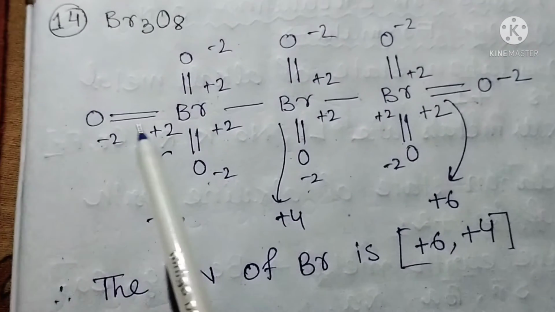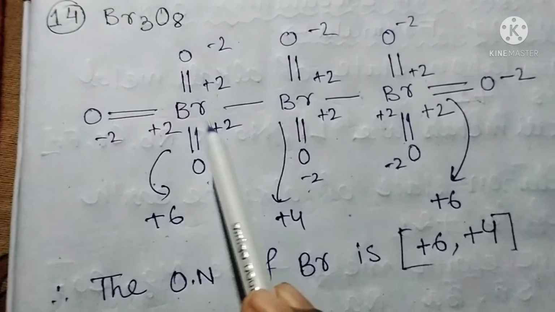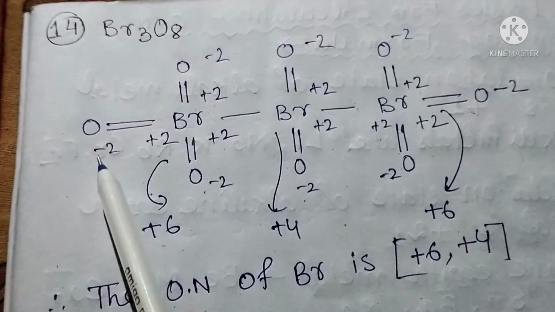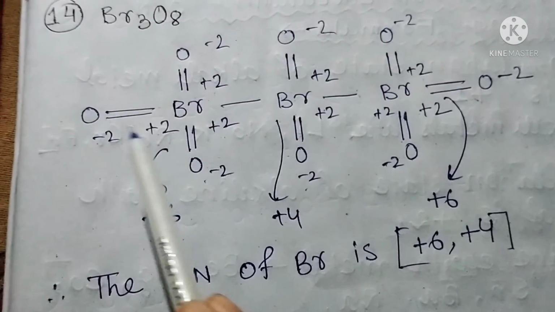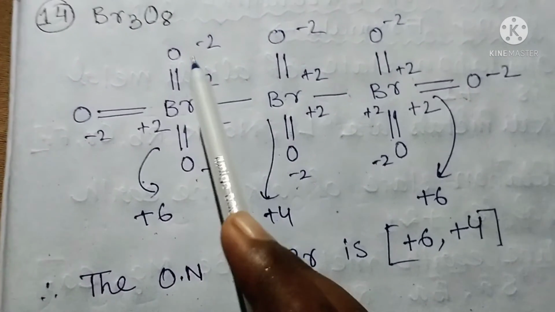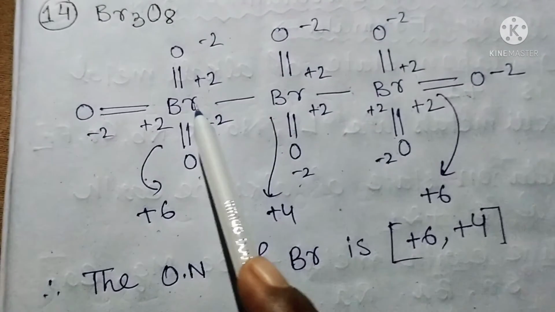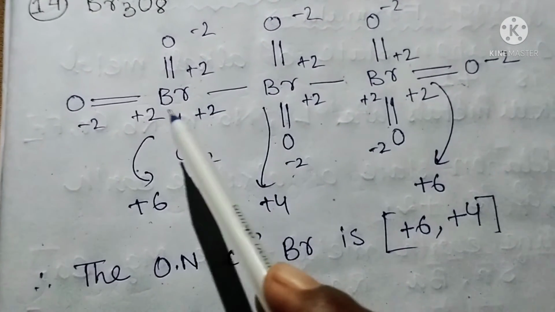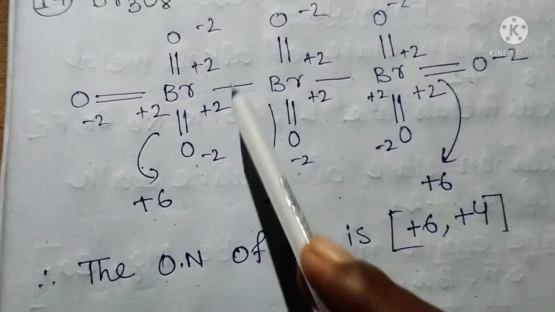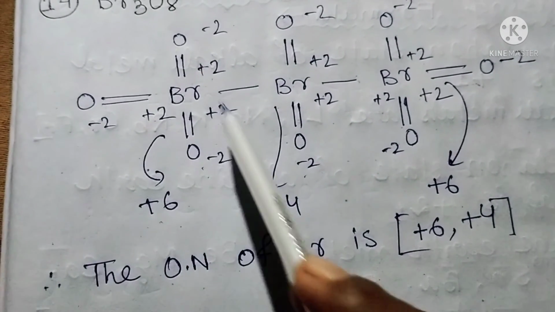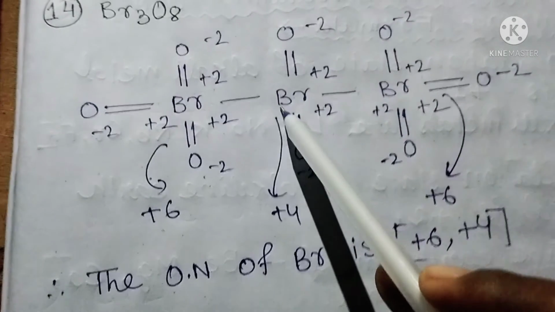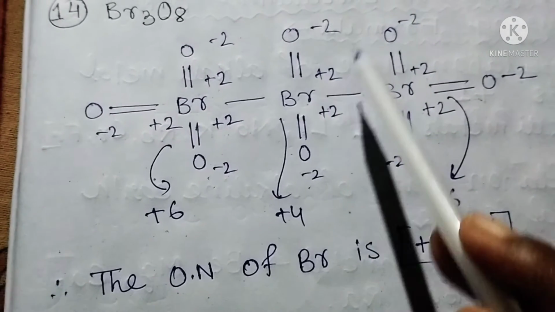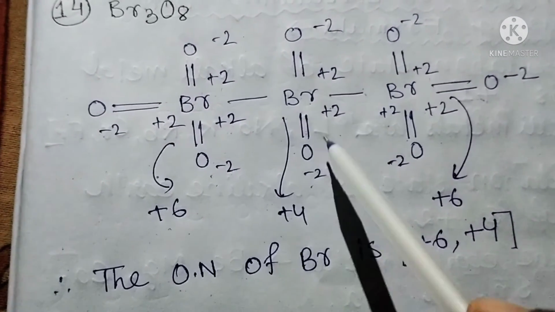Now between these two, oxygen and bromine, oxygen is more electronegative than bromine. So here we get -2, here we get +2. Here same -2, +2, -2, +2. So for this bromine we get +6 charge. On this bromine we get +6 charge. Now for this bromine we get -2, +2, -2, +2.